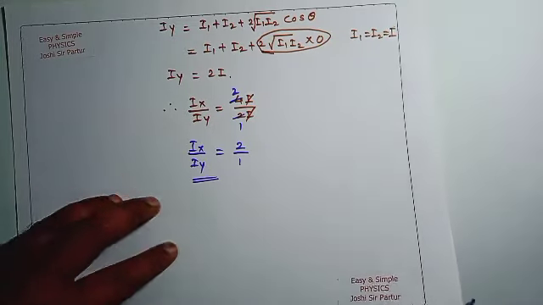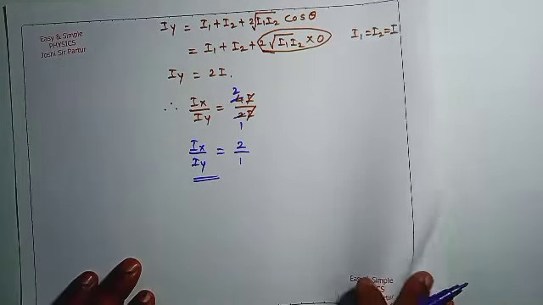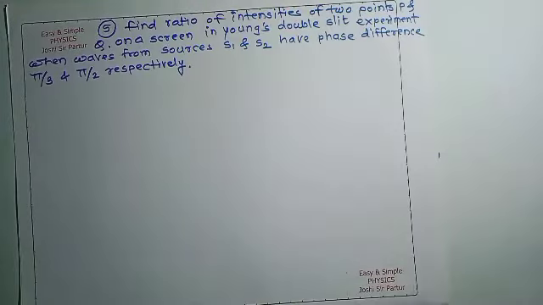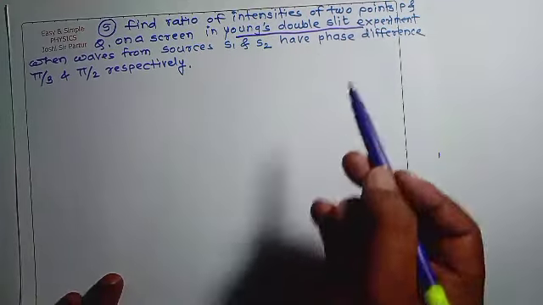Again, the example number 5. It will be the ratio of two intensities of the 2 points P and Q on screen in Young's double slit experiment.